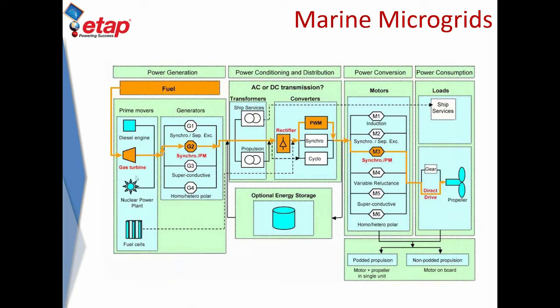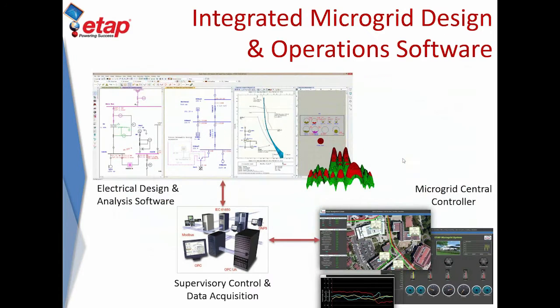The fuel could be diesel, gas, nuclear, as for example in a submarine, with power conditioning to convert from AC to DC or vice versa. And the power conversion, such as the variable speed drives that actually connect into the various loads and the propulsion system of the ship. So here's basically another example of a microgrid type of system.